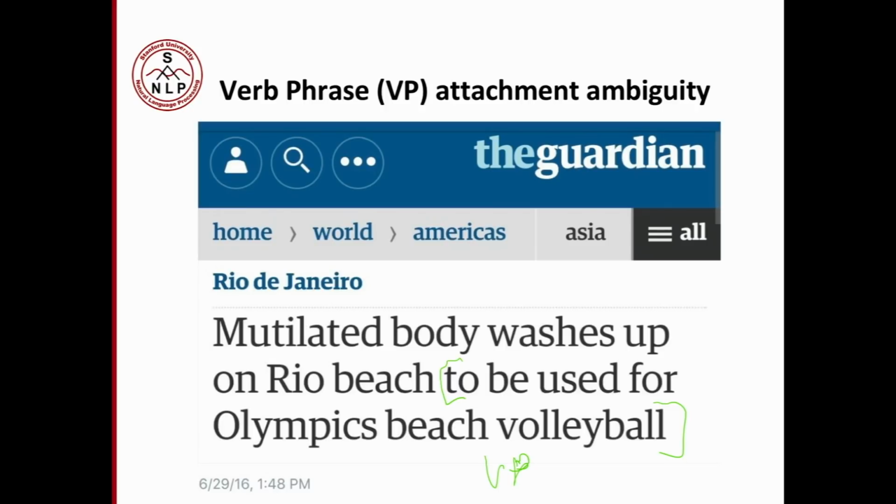So here, we have two possibilities. With this to be used for Olympic beach volleyball, the right answer is meant to be that it is a dependent, a modifier, of the Rio beach. But the funny reading is that instead of that, we can have another noun phrase, mutilated body, and it's the mutilated body that's going to be used.